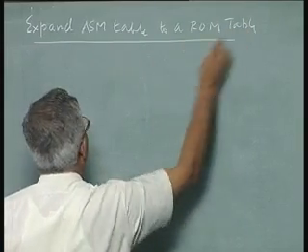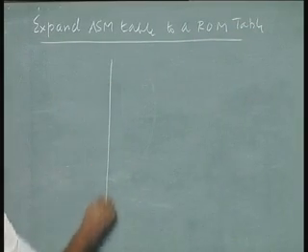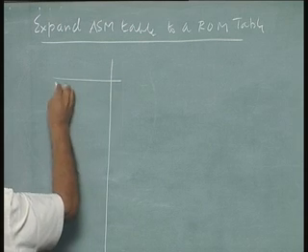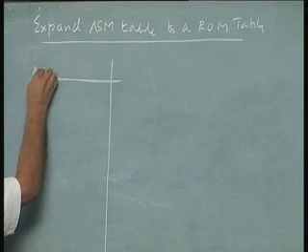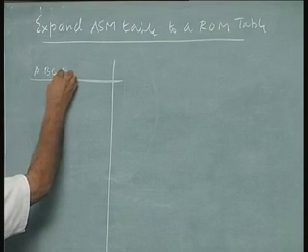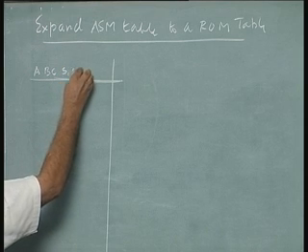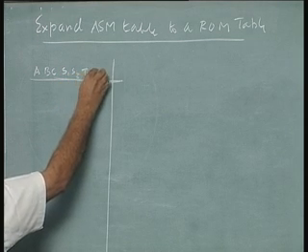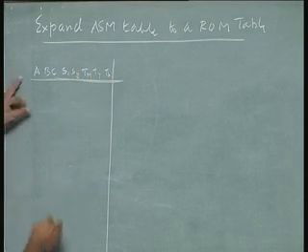The ROM table will have 256 entries, with inputs A, B, C, S1, S2, Tm, Ty, Ts, 8 inputs.